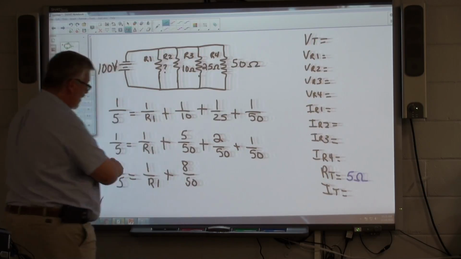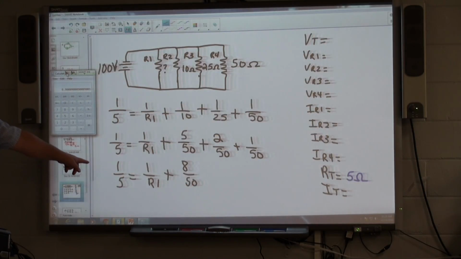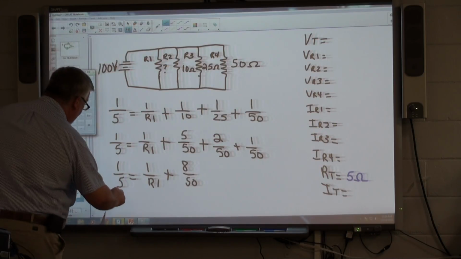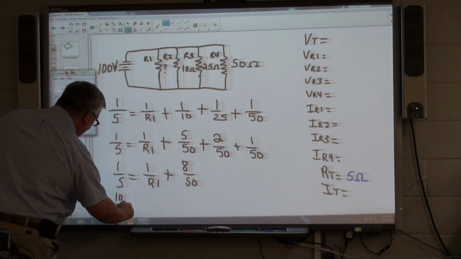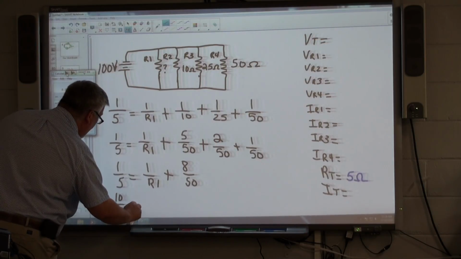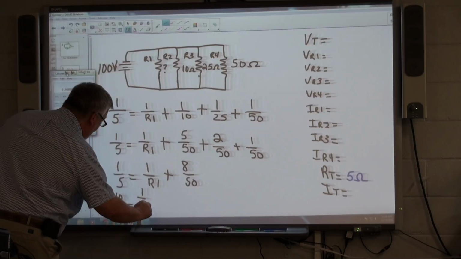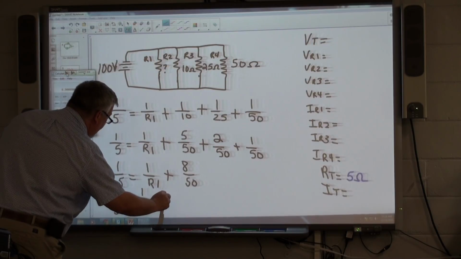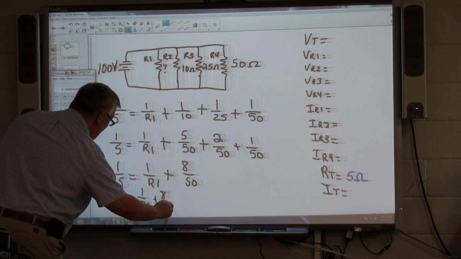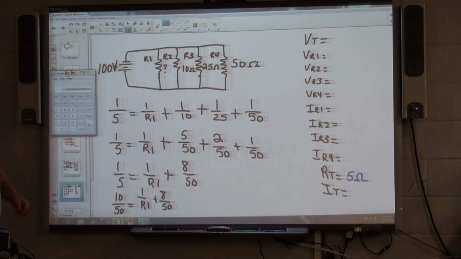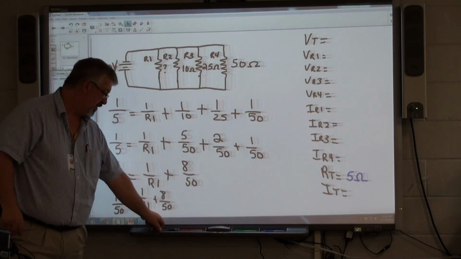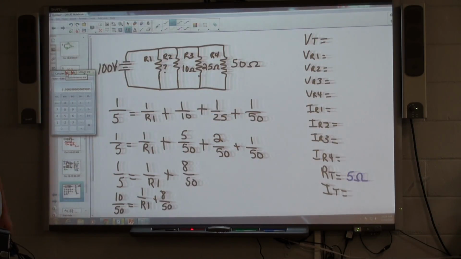So now, let's get a common denominator over here. What's the common denominator between 1/5 and 8 over 50? 50. So this becomes 10 over 50 equals 1 over R1 plus 8 over 50. So now, exactly what he said, what do I need to do? Now you could subtract 8 over 50 from both sides, right?